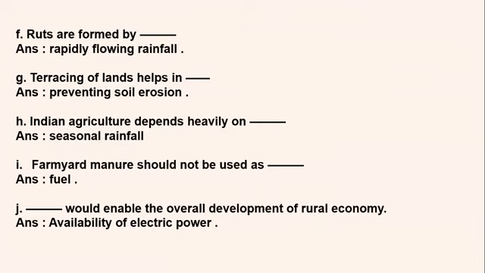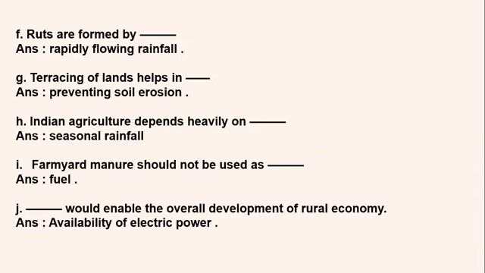Next, terracing of lands helps in dash. So the answer is preventing soil erosion. We have already seen terracing of lands. If we do that, what will happen? It's beneficial for preventing soil erosion. Your fertile soil will not be washed away. Okay. Next, Indian agriculture depends heavily on dash.